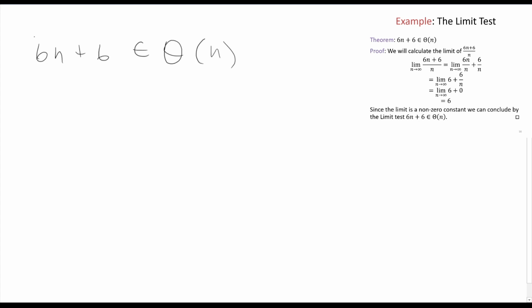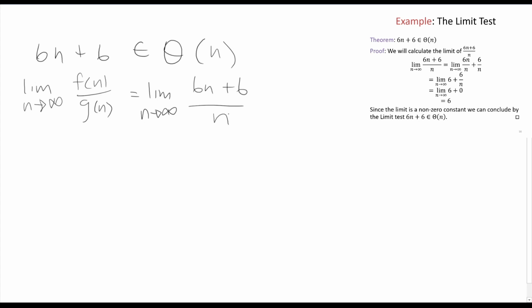Our f of n is 6n plus 6, and our g of n is just n. So we want to compute the limit as n goes to infinity of f of n over g of n, which is the limit as n goes to infinity of 6n plus 6 over n. All right, so this is what we want to compute.